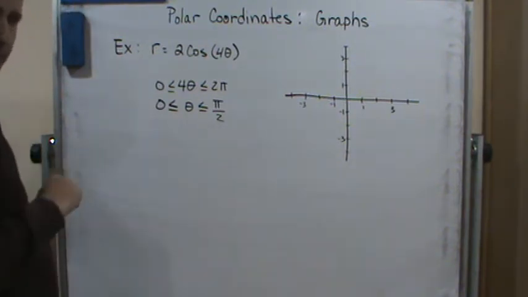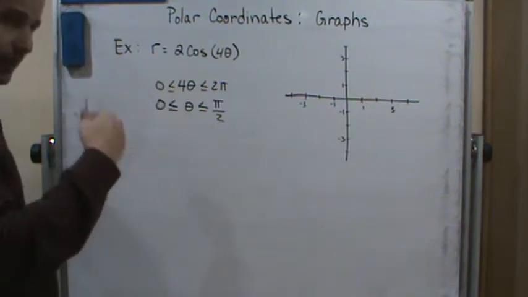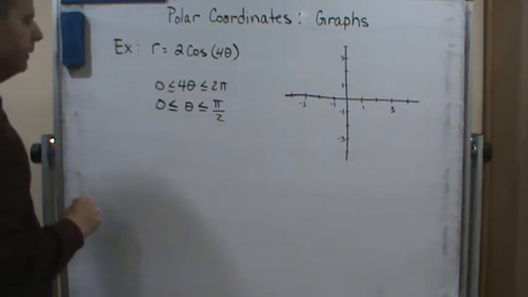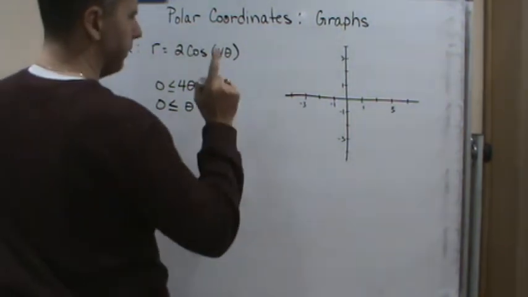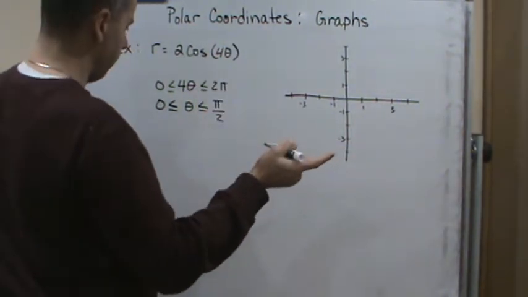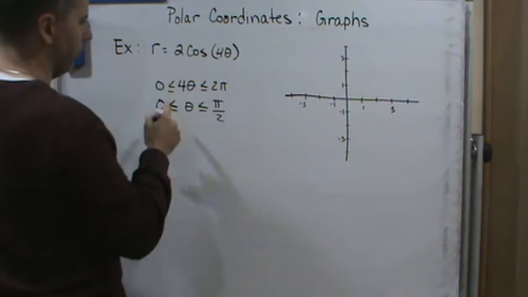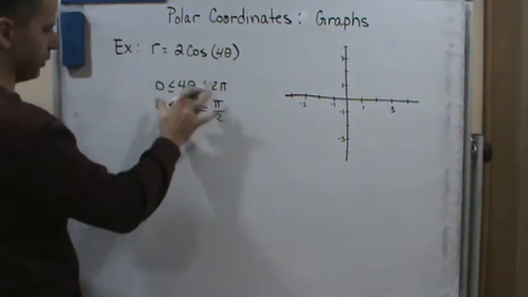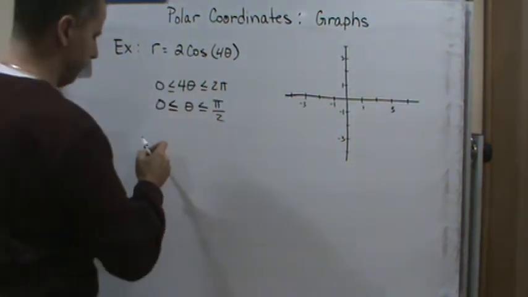I'm thinking about that whole scheme. Okay, so let's start with the zeros. When is this going to be equal to 0? Keep this in your mind. Well, let's do it down here.